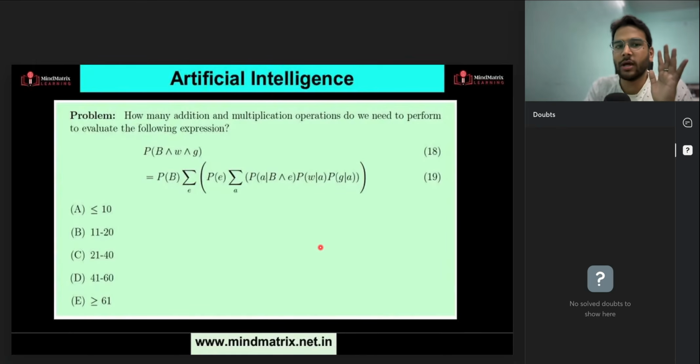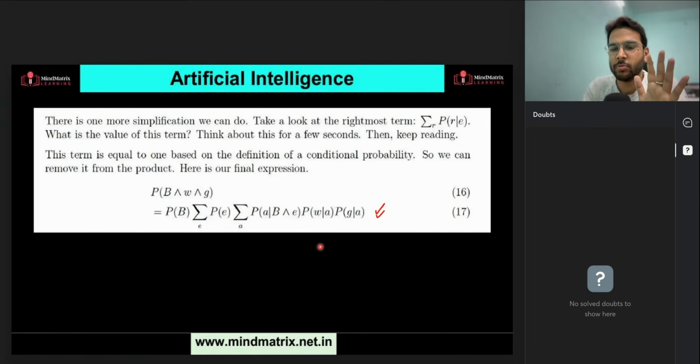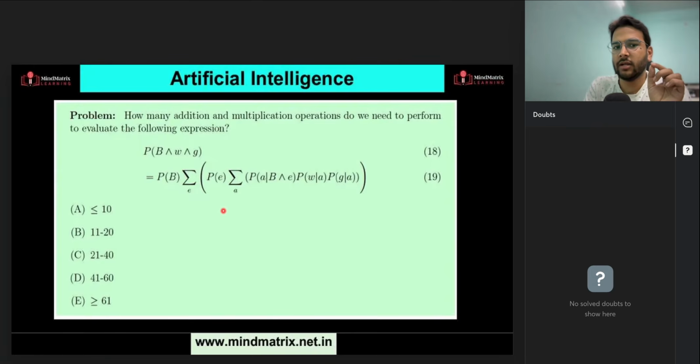Now the same question I'm going to ask again. So this expression is same as this one. You can compare also P of B, summation over P of E, right? And then summation over A and this complete term. The question is still the same. How many addition and multiplication operations do we need to perform to evaluate the following expression?